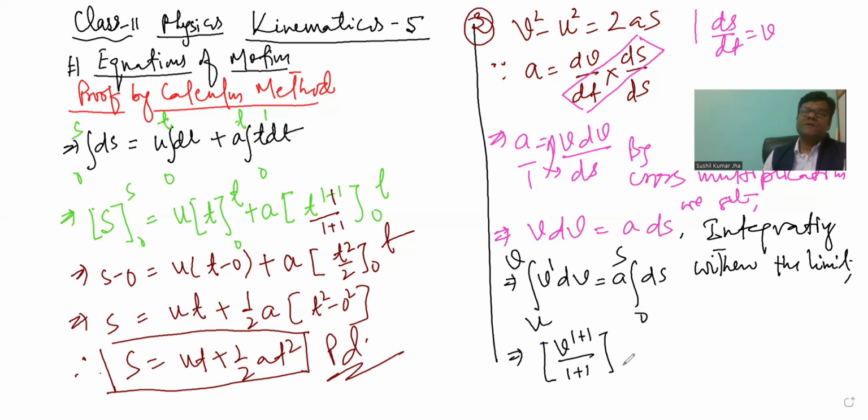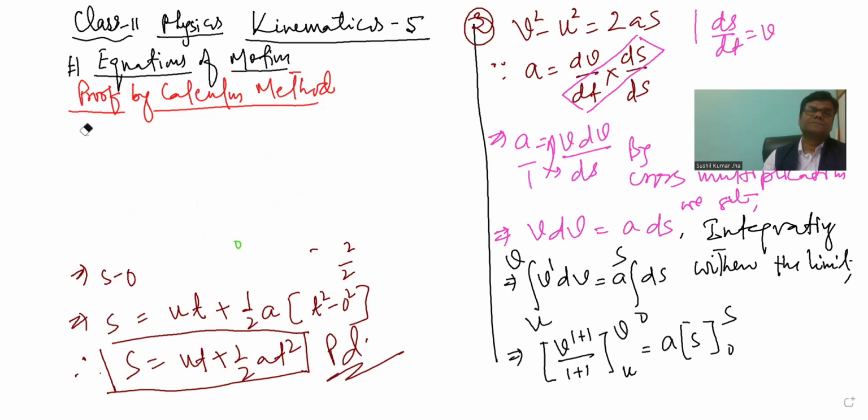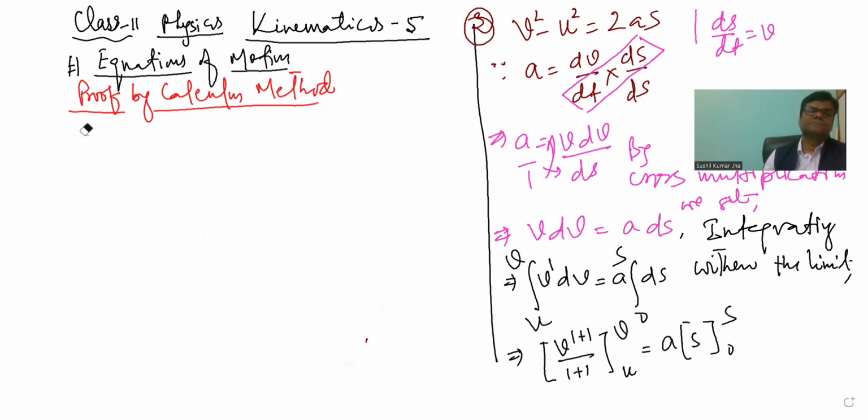And then we do this square bracket u and v, a, ds is s, 0 and s. So we get v square by 2 and limit remains u and v.